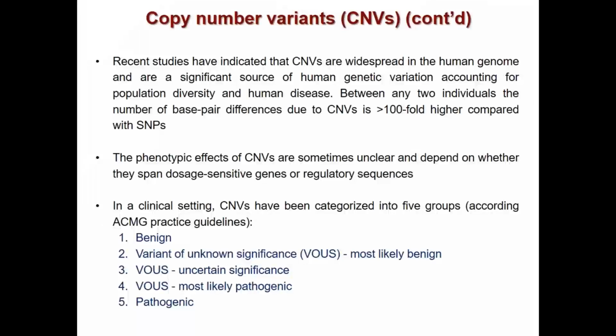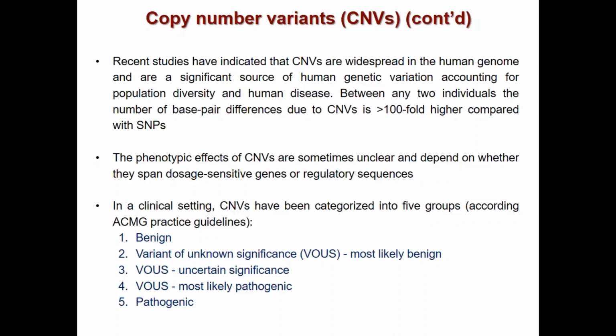Their phenotypic effect can sometimes be unclear, and it all depends on whether they span what we call dosage-sensitive genes. Dosage-sensitive genes are genes that cannot be tolerated if present in less or more than 2 copies. They have to always be present in 2 copies. If present in 1 copy or in 3 copies or more, they can give a phenotype.